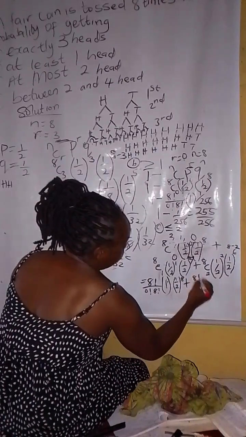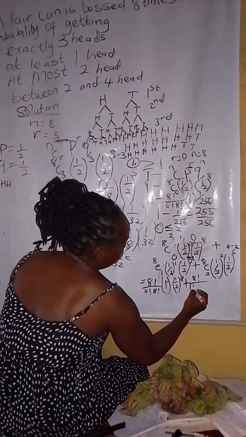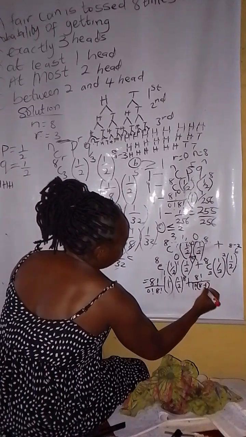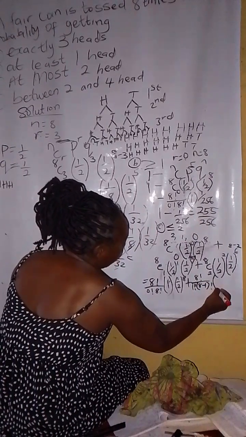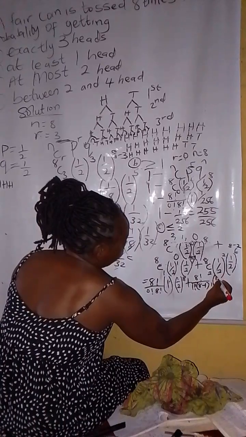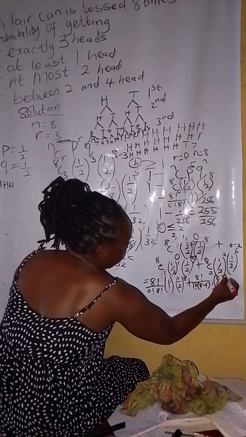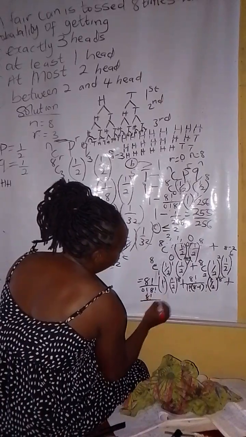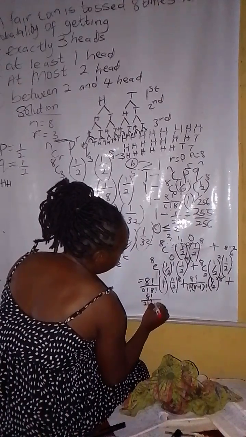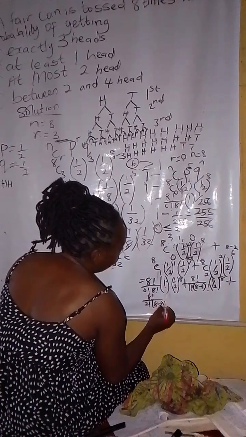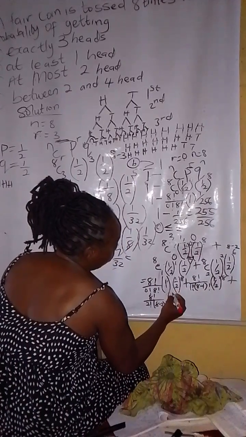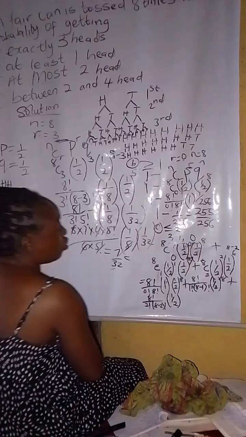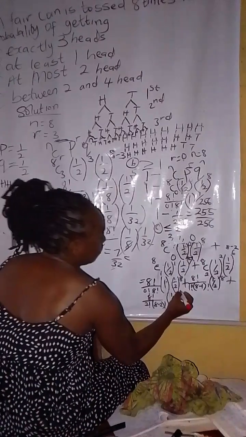Plus 8 factorial over 1 factorial, 8 minus 1 factorial, we have half raised to power 8, plus 8 factorial over 2 factorial, 8 minus 2 factorial, then 1 over 2 raised to power 8.